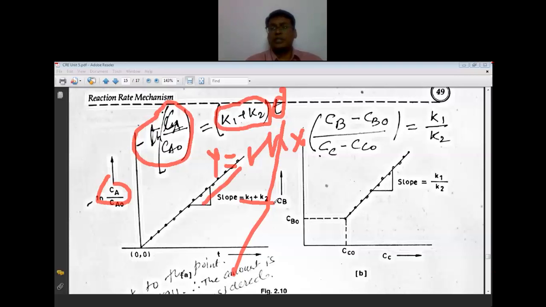The second equation is CB minus CB0 upon CC minus CC0, which is equal to K1 upon K2. So I have plotted a graph of CB against CC. This will have a slope of K1 upon K2.